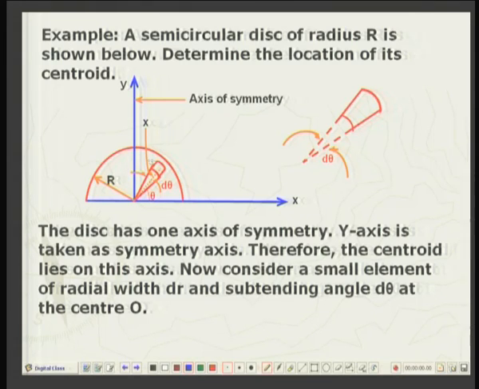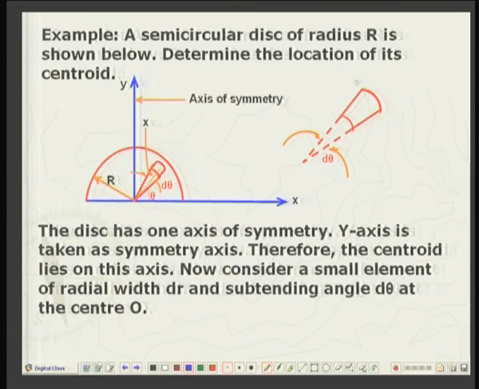Well, to find out the y coordinate, here we will take, instead of a rectangular infinitesimal area, a curvilinear infinitesimal area. How do we get it? We will take any two radii subtending a very small angle d theta at the center. Here I am showing it in an exaggerated manner.